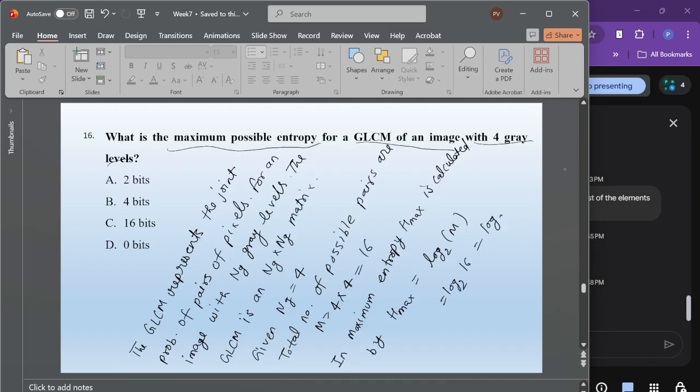Now 2 to the power 4 is 16, so overall you will get 4. So the maximum entropy is 4 bits.